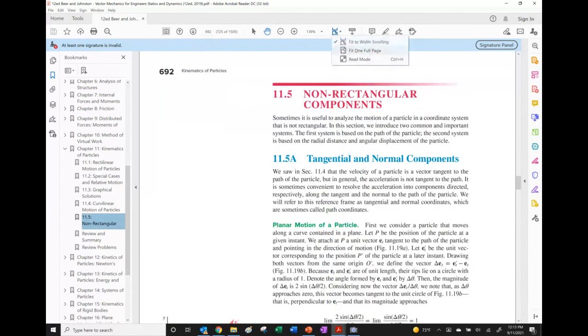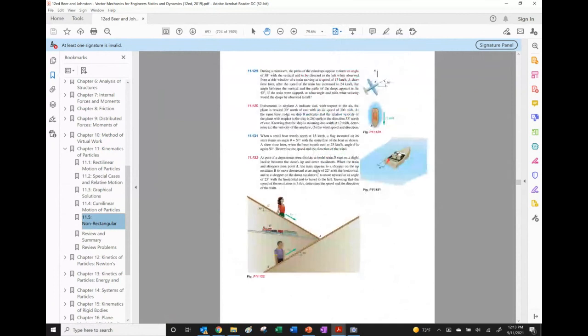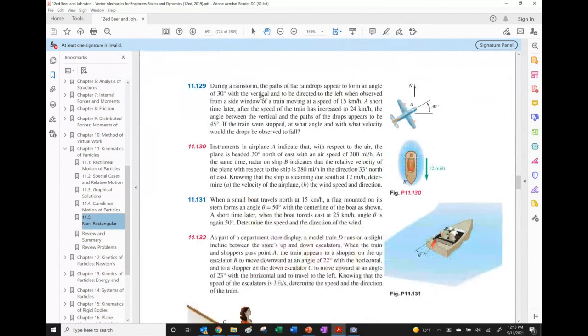I think I could have made a big mistake. Oh, there's one right there. All right. So this is the problem, right? During a rainstorm, the paths of a raindrop appear to form an angle of 30 degrees with the vertical, detected to the left when observed from the side window of a train moving at 15 kilometers per hour.